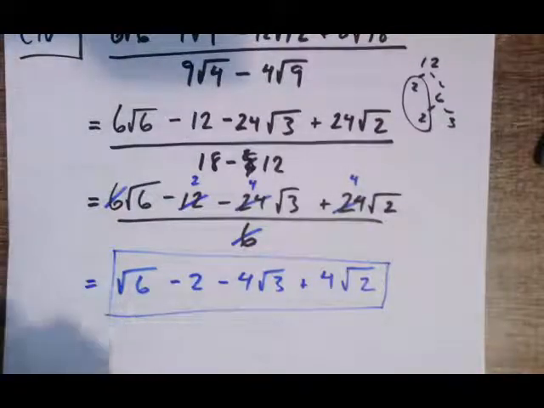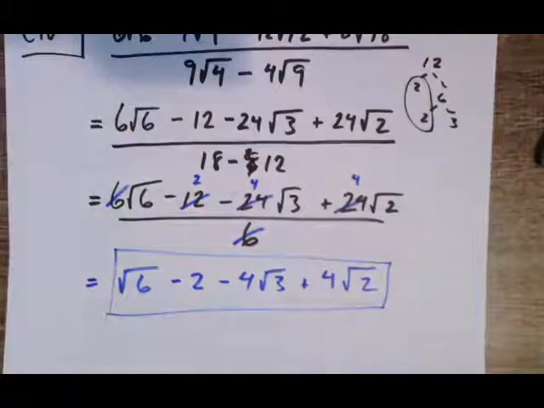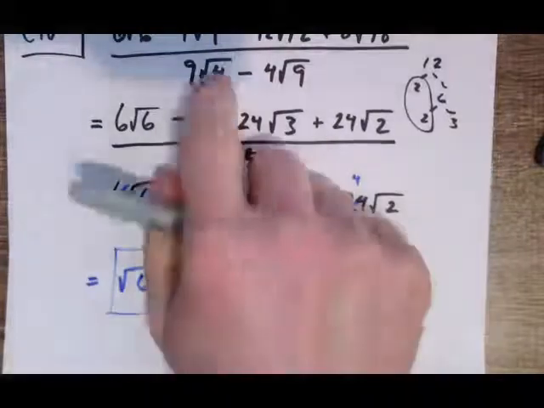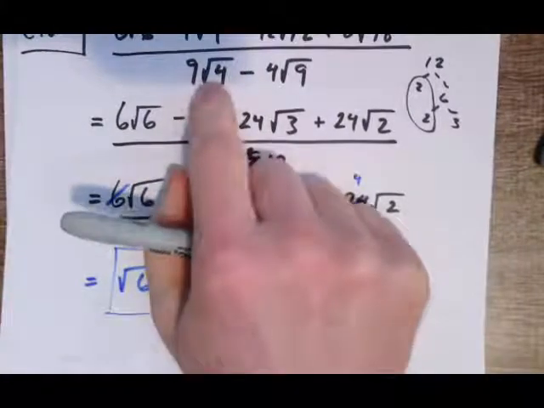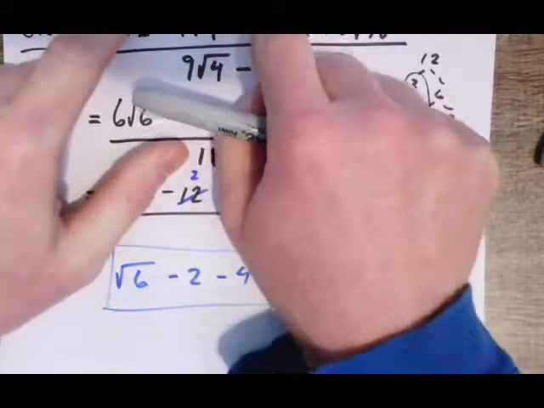Almost afraid to check the answer. I made a mistake there. Where else did I make a mistake? And I got a different answer. The root of 4 is 2. 9 times, let's start here. 9 root 4, 9 root 4.